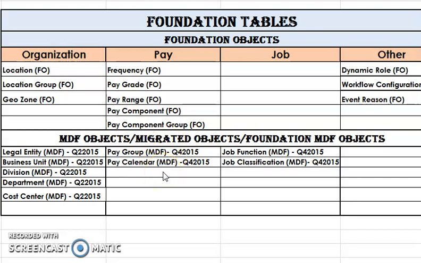So that's about pay. So coming to job aspect, the foundation data related to job, initially we had 2 objects, that is job function and job classification, and both of these are migrated to MDF. So presently nothing is part of foundation objects related to job.